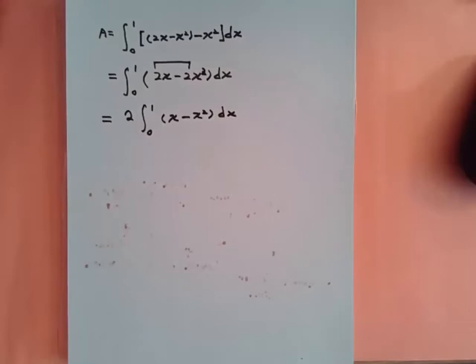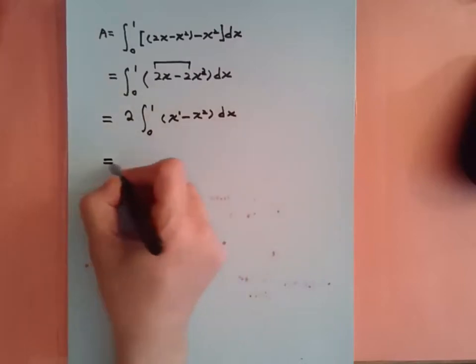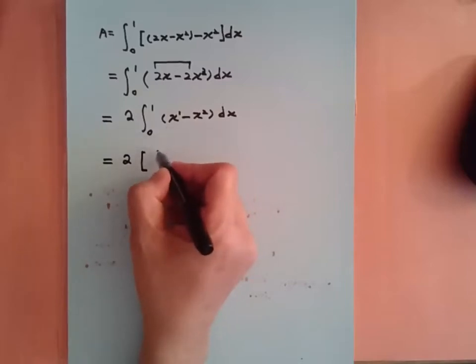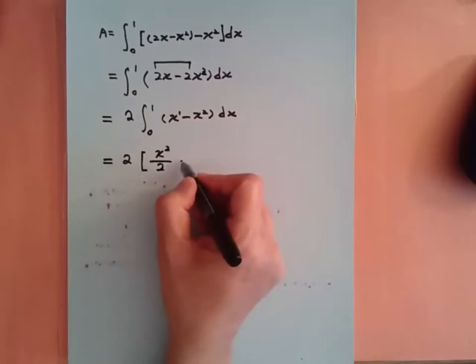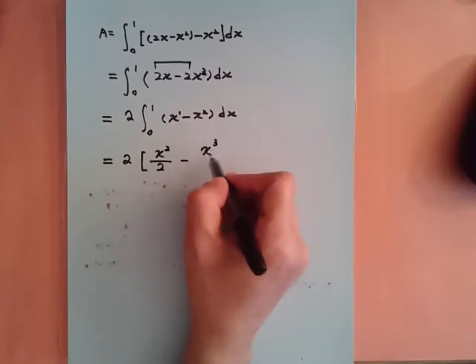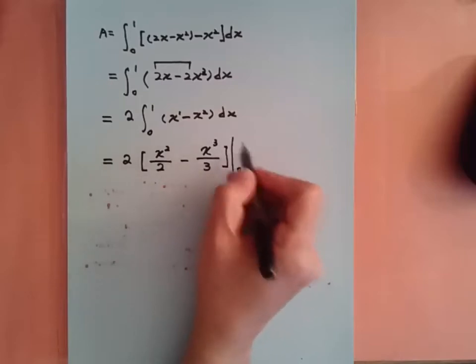What we learned last time was when we have multiple terms, we do term by term integration. The first one is actually x to the 1 power. We apply the power rule, then 2 times x to the 1 more power, x squared, divided by the same number in the power, over 2, minus x to the 1 more power, which is x cubed, divided by the same number in the power, from 0 to 1.